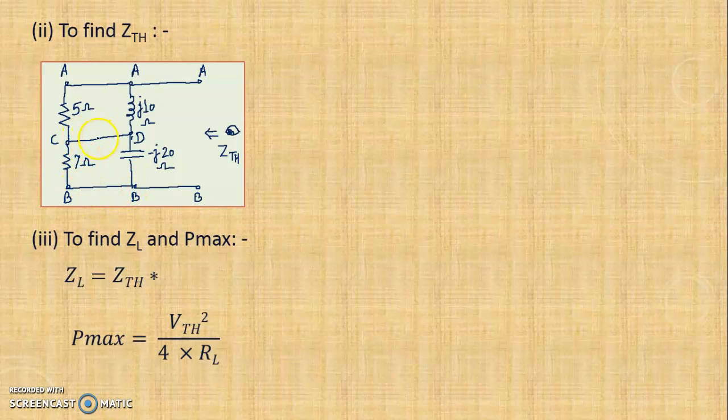It means this 7 ohms and minus J20 are connected in parallel, and this 5 ohm and J10 are connected in parallel. So what I can write directly is ZTH is equal to 5 parallel J10, then you get the series circuit, because this is the common point connecting this branch and this branch. Just trace the path, you find that the series connection path is the same.